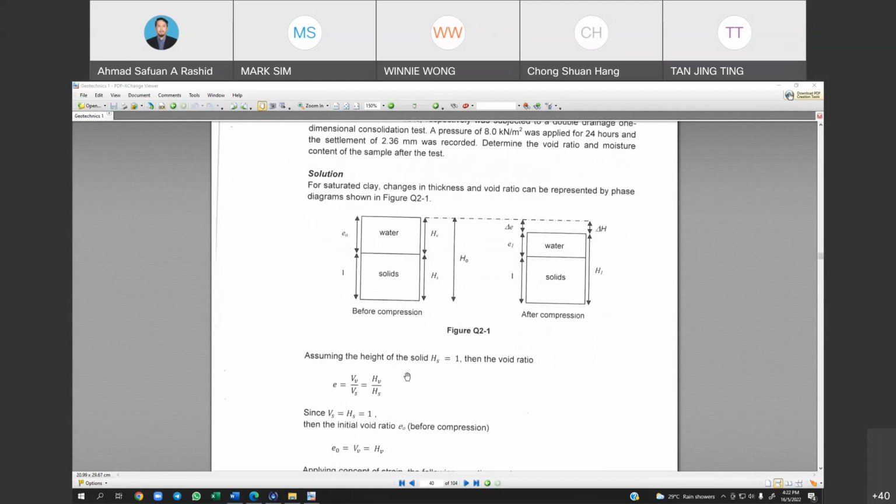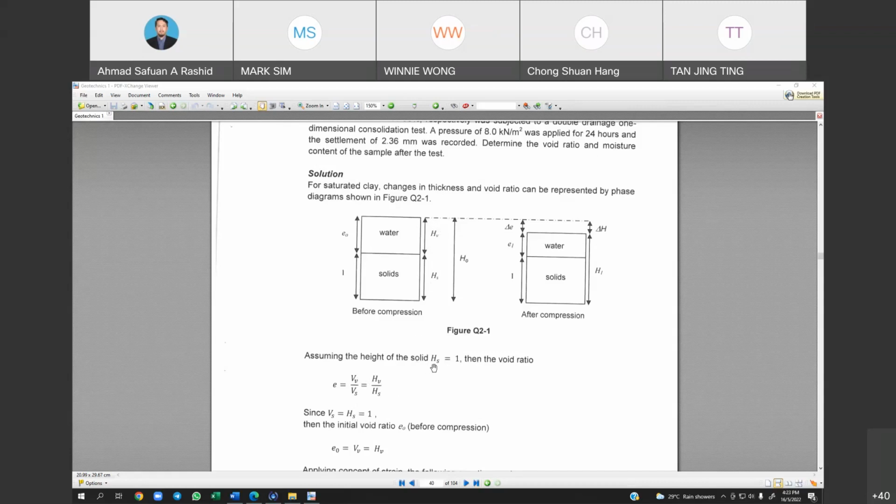Assuming the height of the solid HS is equal to 1, the void ratio is VV over VS, the ratio between the volume of void and the volume of solid. You have learned this during your soil mechanics subject. So the void ratio is the volume of void over the volume of solid, which equals the height of the void over the height of the solid.